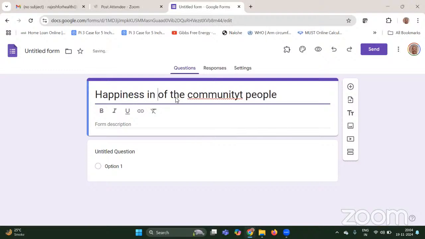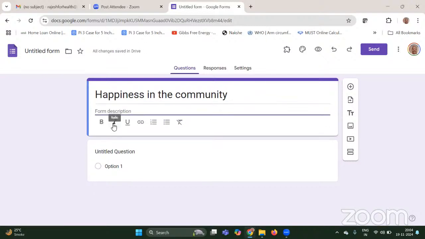Happiness in the community. If the people are happy or not, that I want to find out, right? And I can add a description.